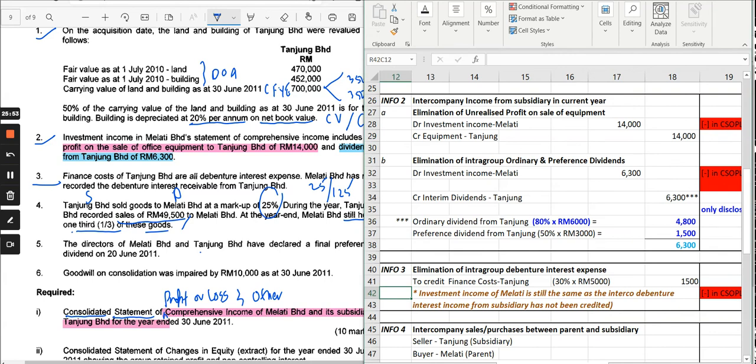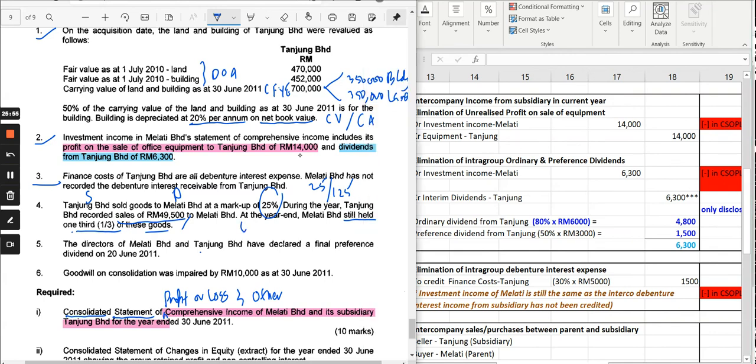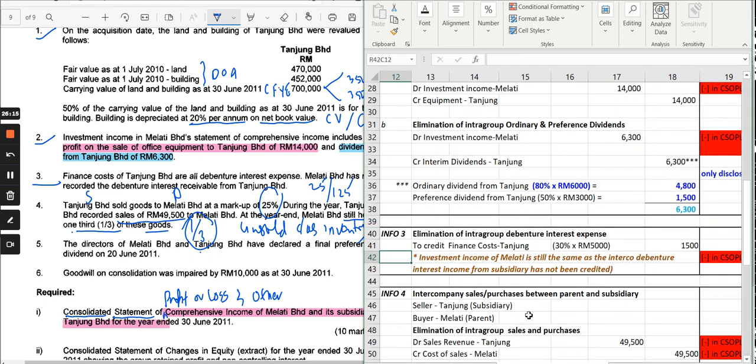So this is actually the unsold closing inventory. Therefore, you need to find out how much is 1/3 from 49,500, and then to get the unrealized profit is to find out the markup. So I've already done it here.